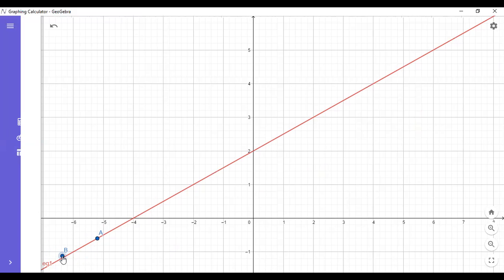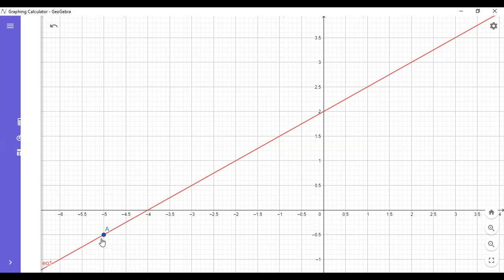If x is minus 5 on the line, it would be somewhere here. Let me take this out. This is not required. So you can see this.